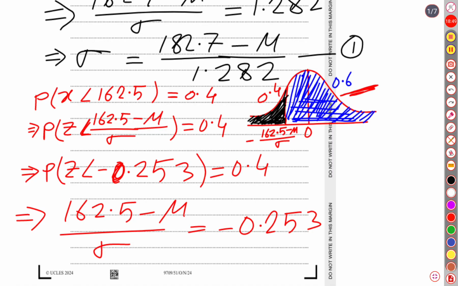If we isolate sigma, sigma is equal to mu minus 162.5 over 0.253.